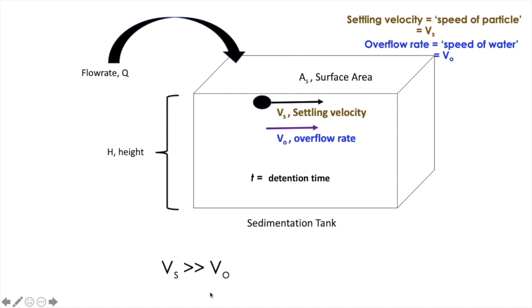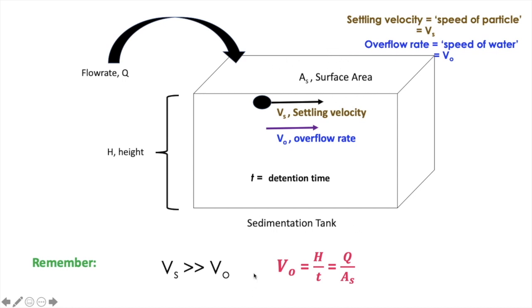The formula for the overflow rate is H divided by T, or Q divided by AS. So H, the height, divided by T, the detention time, is equal to Q, the flow rate, divided by AS, the surface area.